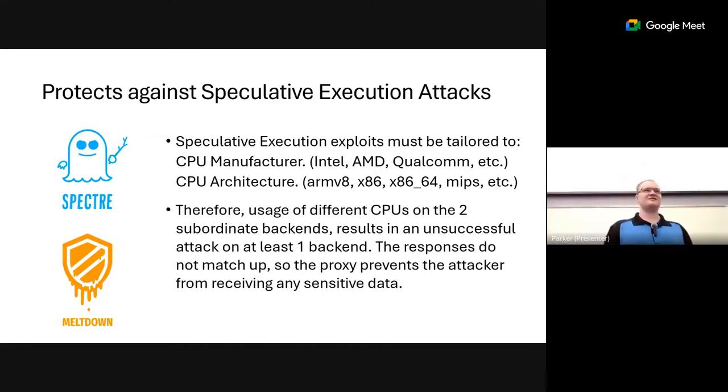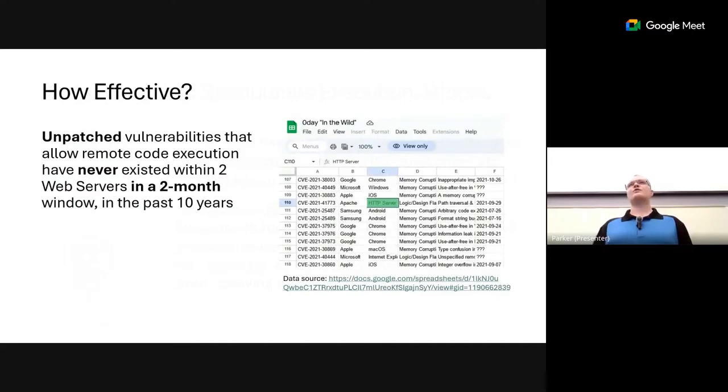I've mentioned using two different backends, but what's the historical likelihood of two being vulnerable at the same time? Using Google's Project Zero, I did some research and found that unpatched vulnerabilities that allowed remote code execution in two web servers, at least, have never occurred simultaneously or within a 2-month window.